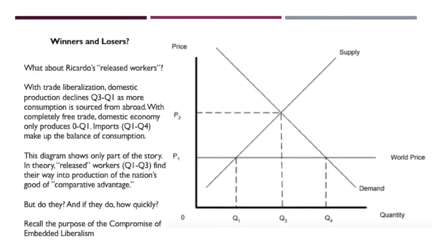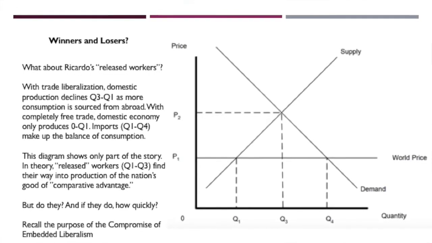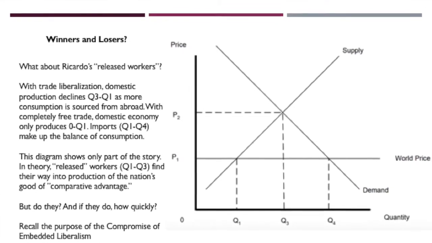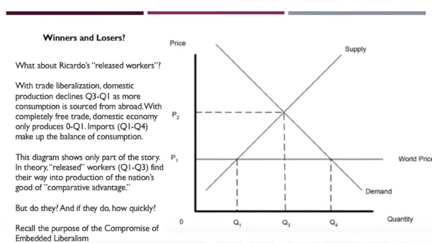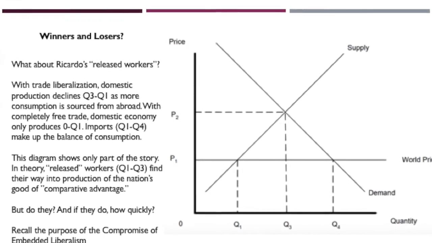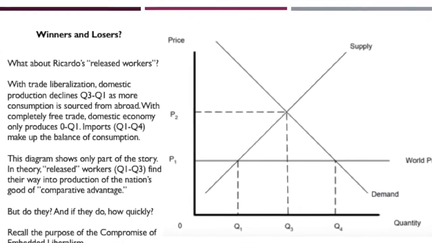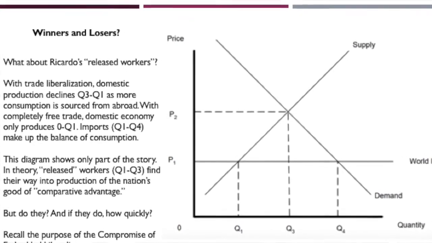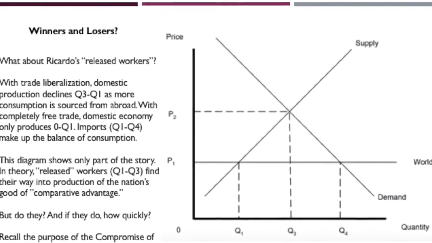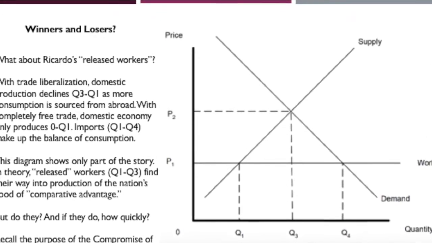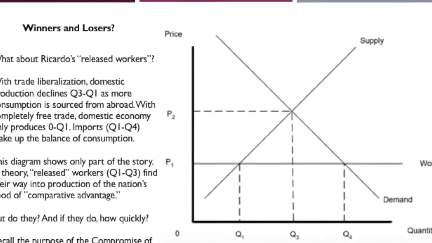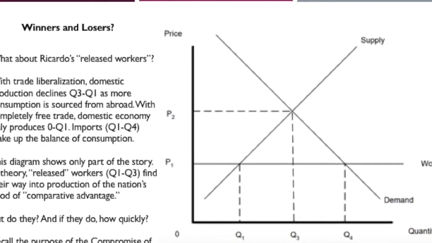This diagram repeats what we've just been through in terms of what happens when you move away from autarky to trading at world prices. And you get all these benefits to consumers. It doesn't depict here the expanded production lines and so on. But the real challenge depicted here, and explained a little more fully on the left side of the diagram, is what happens to the released workers.